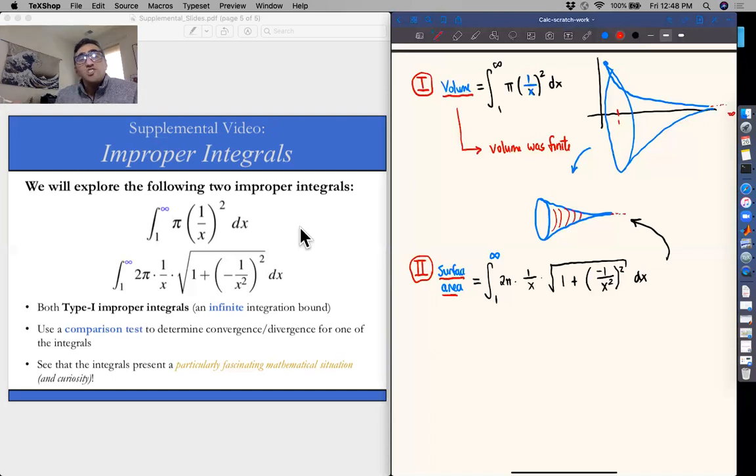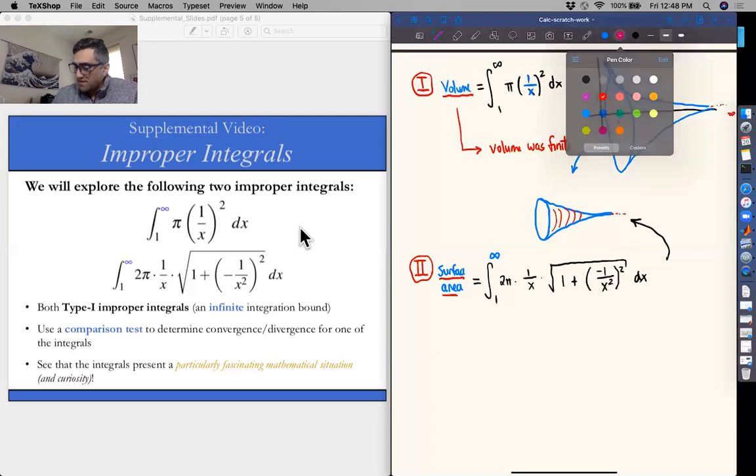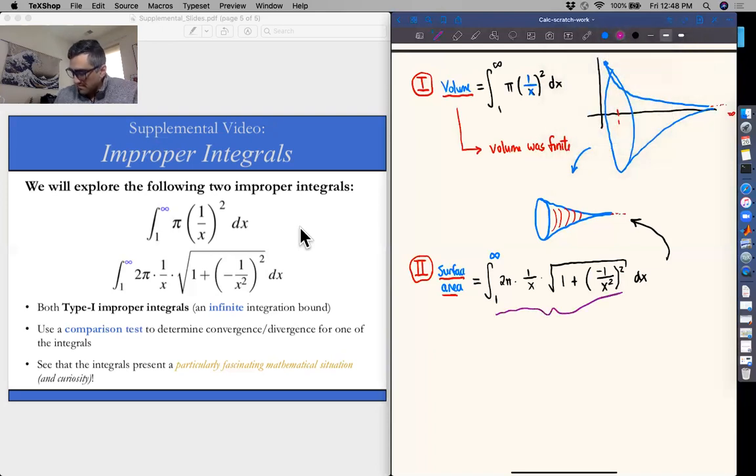And what we just saw happened was that this integral diverged. So in terms of geometry, the surface area here is infinite.